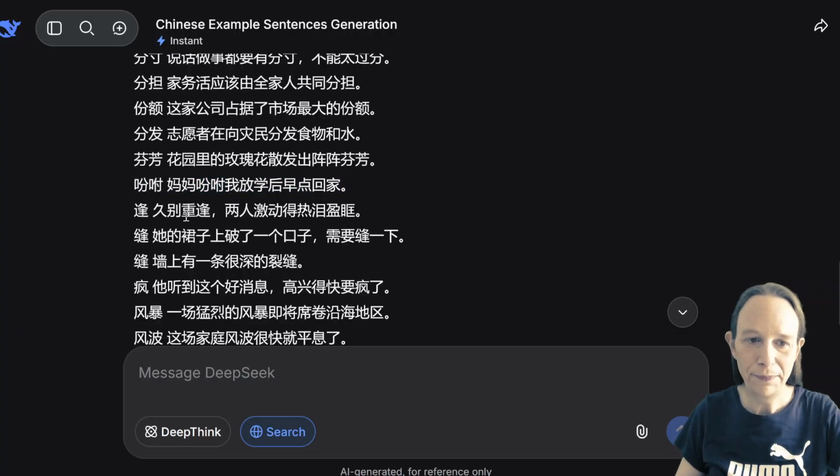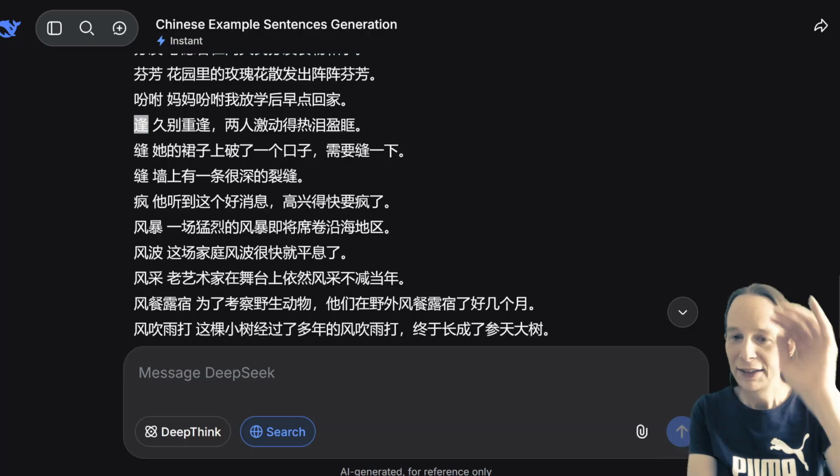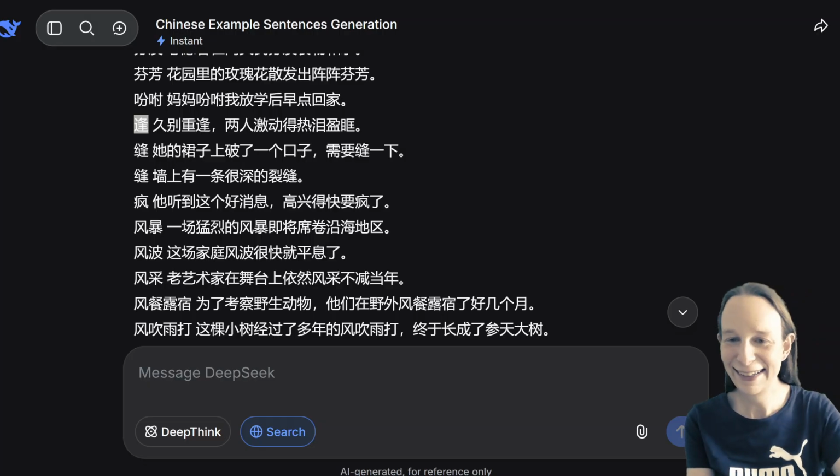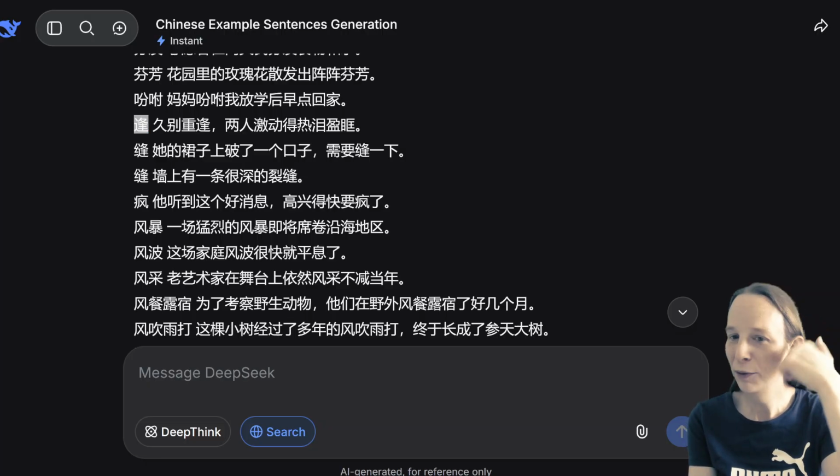Anyway, 逢. So 逢, I remember learning this like HSK 5 or something like this. They moved it to HSK 7, did they? So this refers to, it's a verb measure word, right?